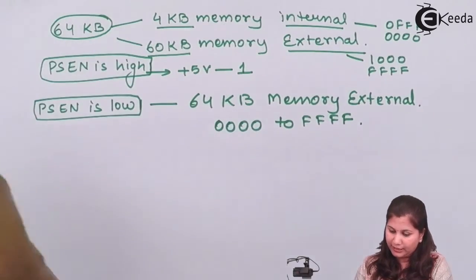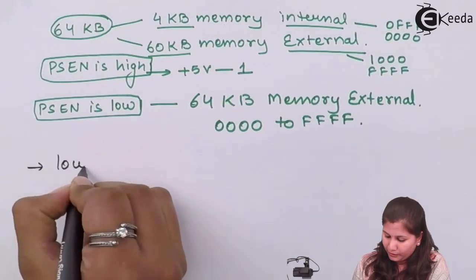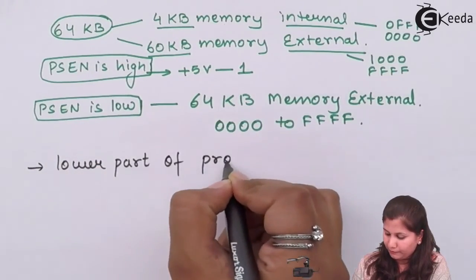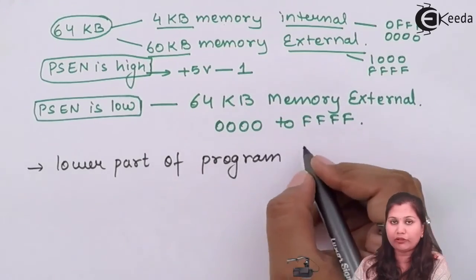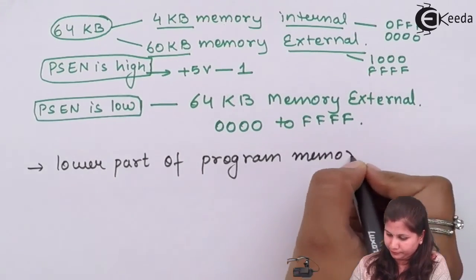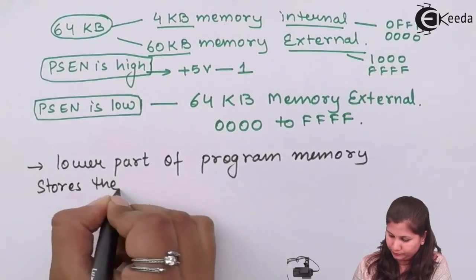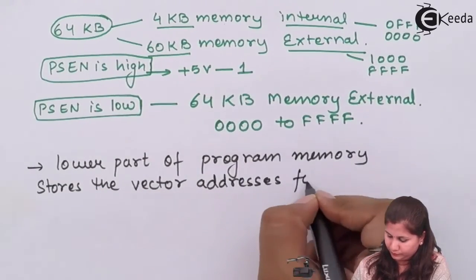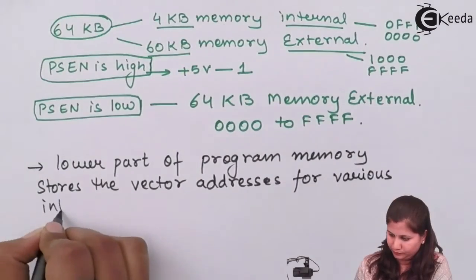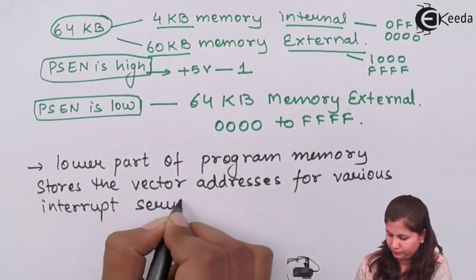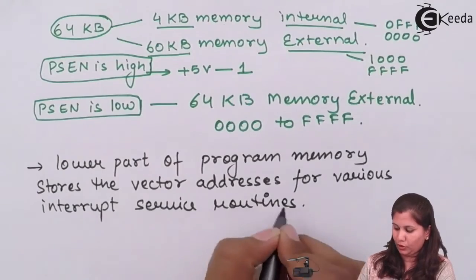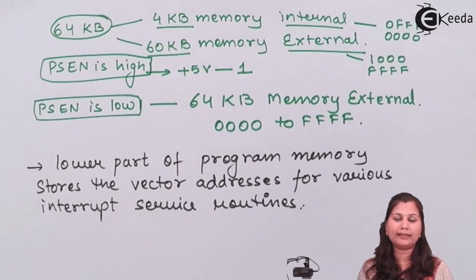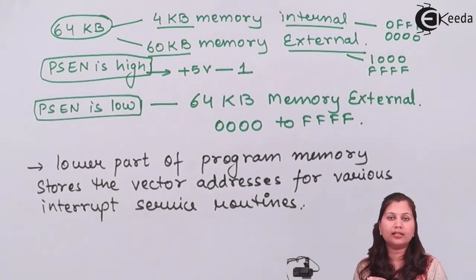So we can say here that the lower part of program memory is used to store the interrupt structure.